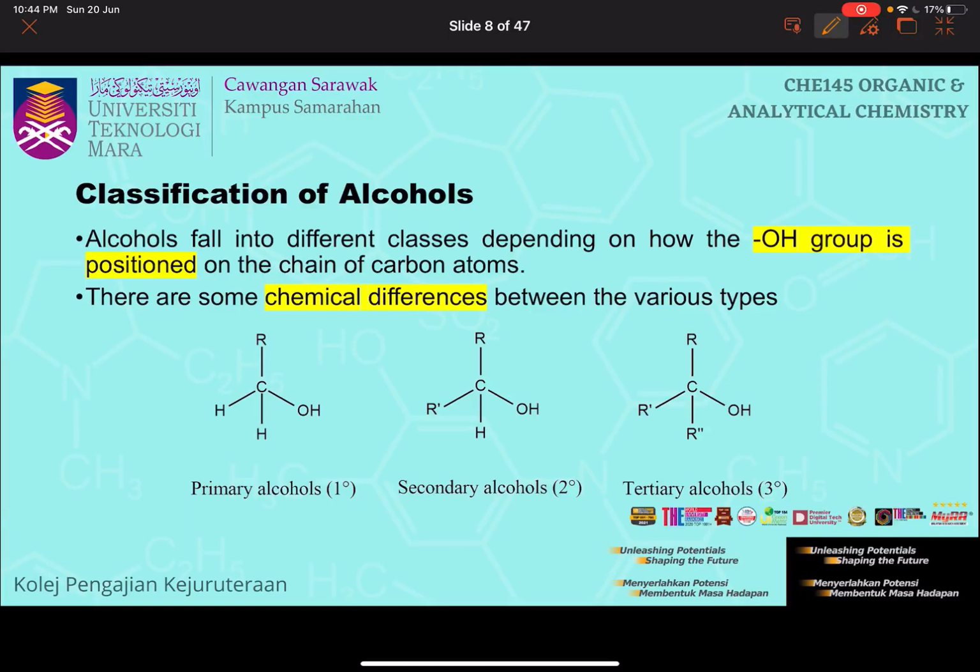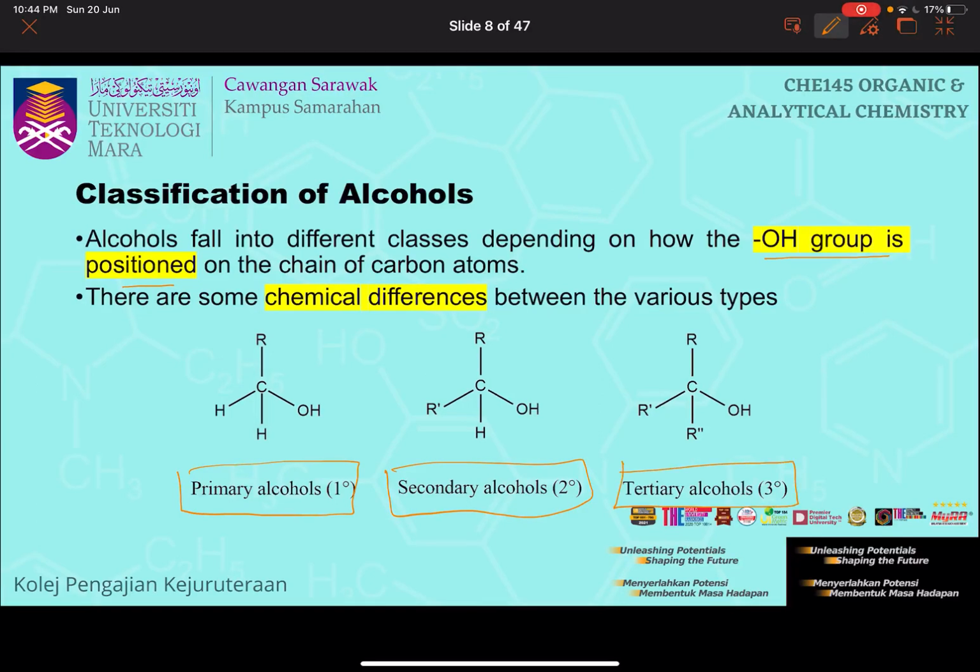So alcohols have classifications. They fall into different classes depending on the OH group's position on the chain of carbon atoms. There are some chemical differences between the various types. Basically, for alcohols, we have three different classifications: primary, secondary, and tertiary.